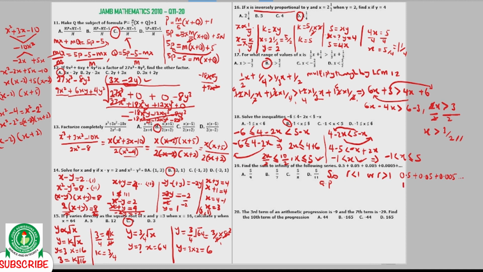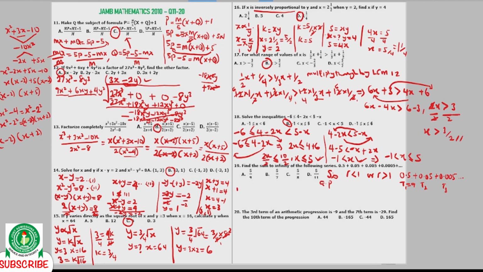You can see this is the first term, this is the second term, this is the third term. Now the first term is named as A. We tag it A. The first term is known as A.